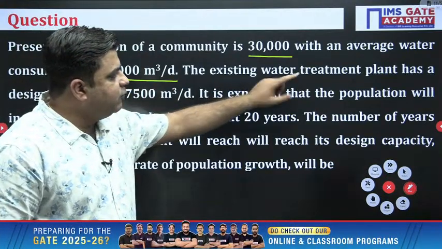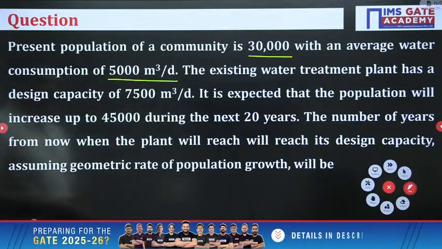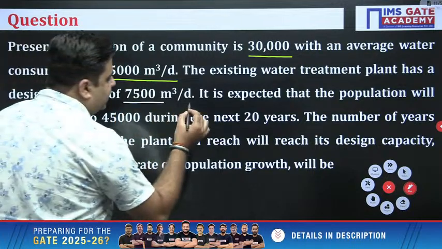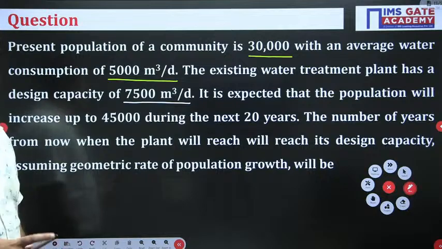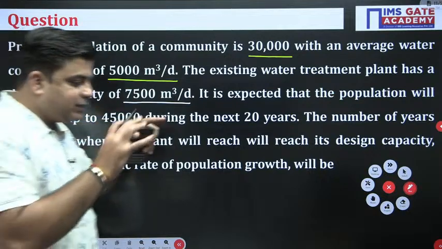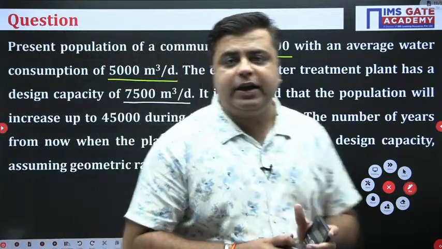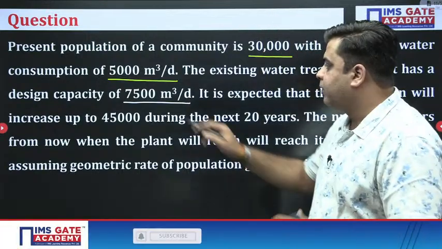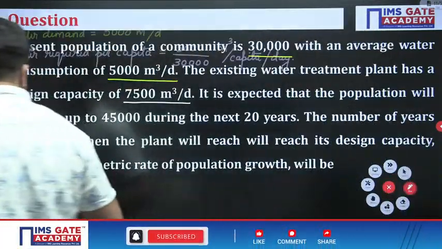The existing water treatment plant has a design capacity of 7,500 meter cube per day. It means the maximum amount of water that can be treated in the water treatment plant is 7,500 meter cube.